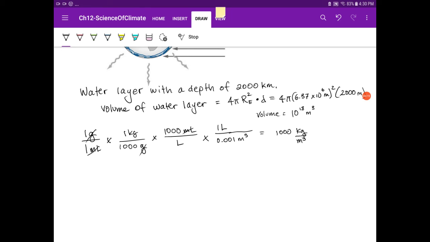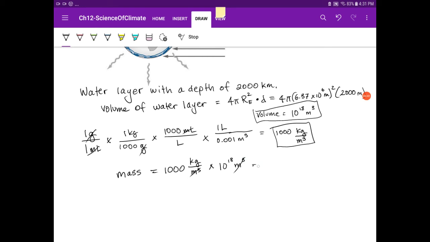And so if I take that number and multiply it by this volume, my meters cubed will cancel. I have 1,000 kilograms per meter cubed times 10 to the 18 meters cubed. My meters cubed cancel, and I get 10 to the 21 kilograms of water.